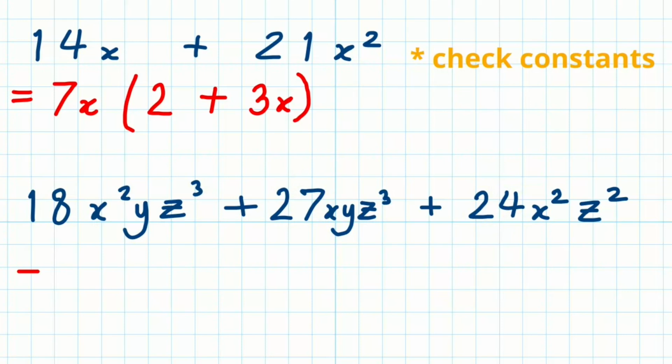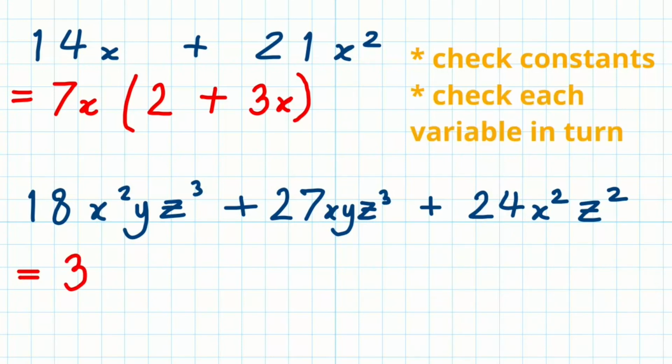In fact, the highest common factor that we've got is 3. So we take 3 out as a common factor. Then we look at the powers of x, x squared, x and x squared. The highest common factor algebraically is x. When it comes to y, we have y in the first and second terms, but not in the third term. So y is not part of our common factor.